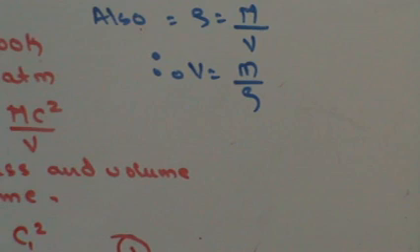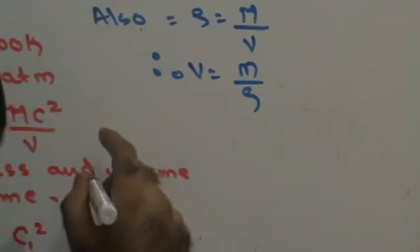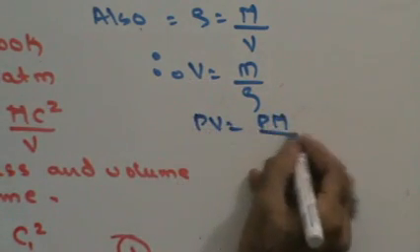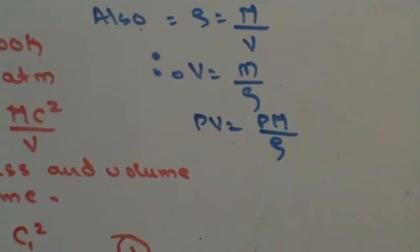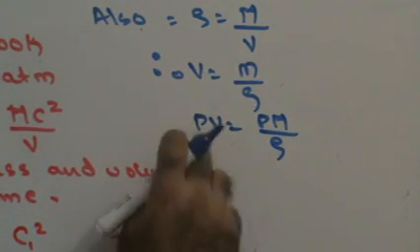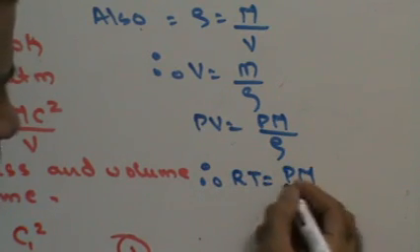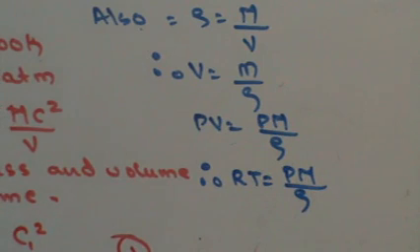So I could say that PV is equal to PM upon rho, multiply both sides by P. V is equal to M upon rho, multiply both sides by P. So I'll get PV is equal to PM upon rho. But PV is nothing but RT. Therefore I'll get RT is nothing but PM upon rho. Right?